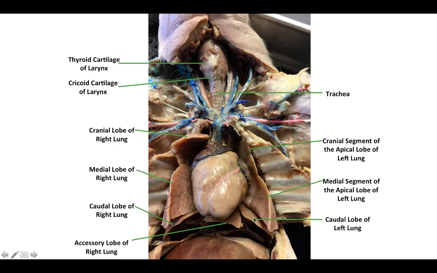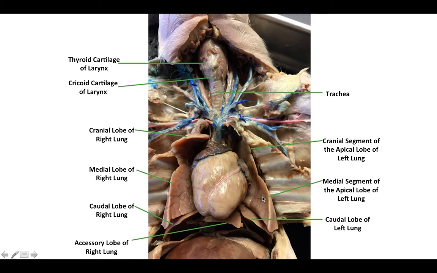The caudal lobe is down here, but you'll notice this lobe almost looks like it's divided into 2 lobes, but it's not really. There's not a division all the way through. So this whole thing is called the apical lobe. You have the apical lobe and the caudal lobe on the left side, and then the apical lobe is divided into segments. You have the cranial segment of the apical lobe and the medial segment of the apical lobe.